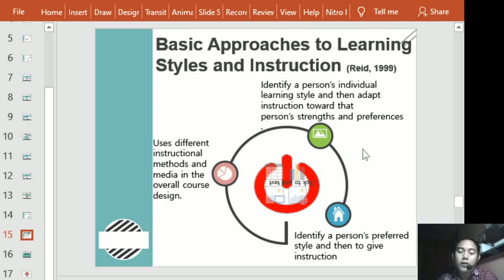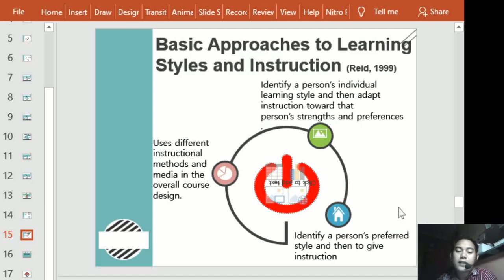And the third approach does not even attempt to identify an individual's style, but rather uses different instructional methods and media in the overall course design. This approach represents an attempt to reach all learners and assumes that every student will find something in the course that appeals to him or her.